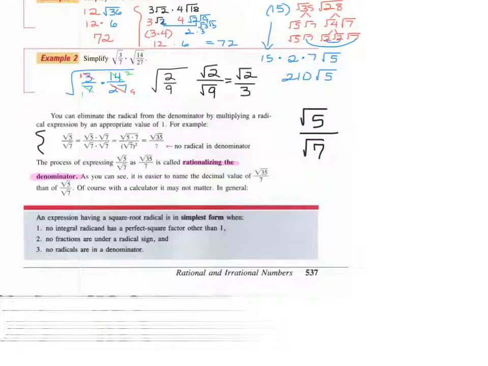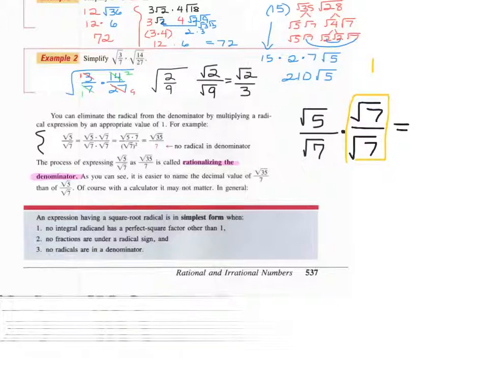So what I'm going to do is I'm going to take the radical or the square root that's in the bottom, and I'm going to multiply both the top and the bottom of my fraction by the square root of 7 over the square root of 7. Now, essentially, this right here is equivalent to 1.